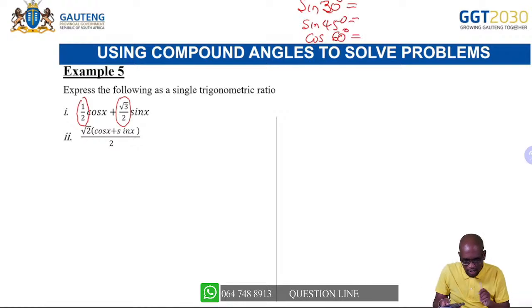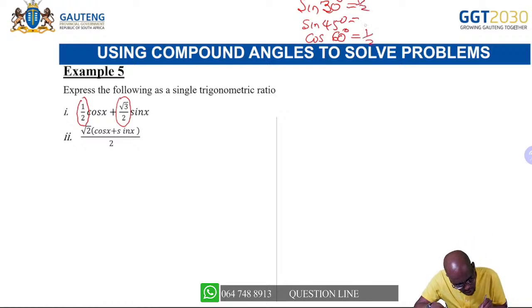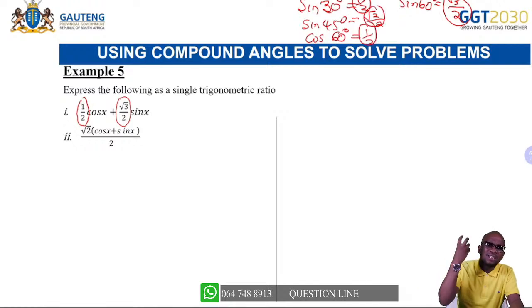Sine 30, you get half. Cos 60, you get half. Sine 45, you get √2/2. Sine 60, you get √3/2. So all these answers, because they come from special angles, are special ratios.